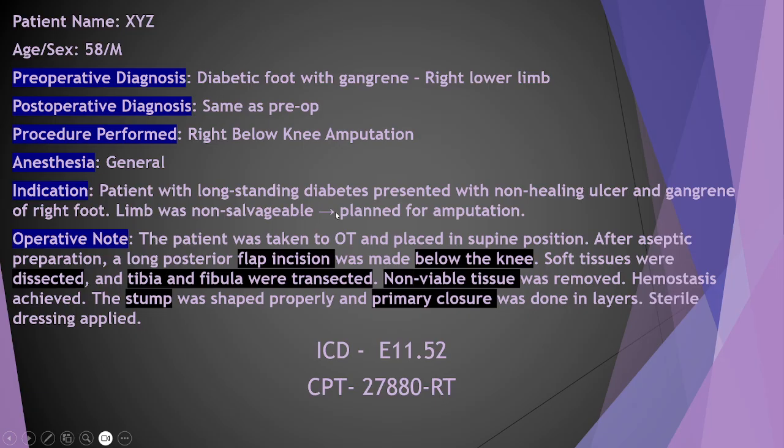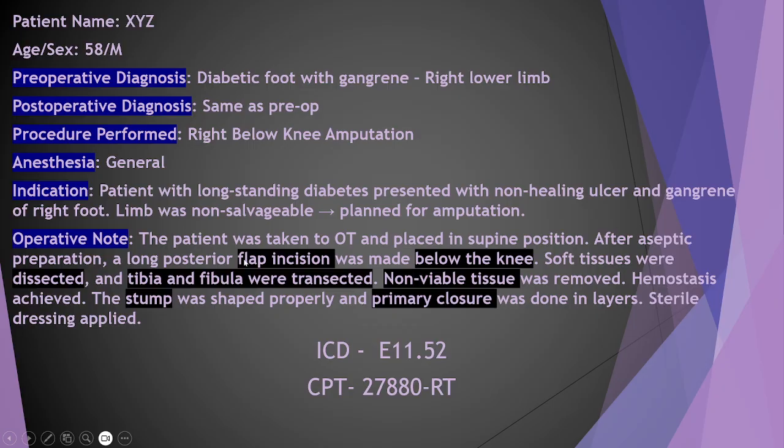The patient was taken to the OT and placed in supine position. After aseptic preparation, a long posterior flap incision was made, and below the knee, soft tissue was dissected, and tibia and fibula were transected, non-viable tissue was removed and hemostasis achieved, the stump was shaped properly, and primary closure was done in layers.